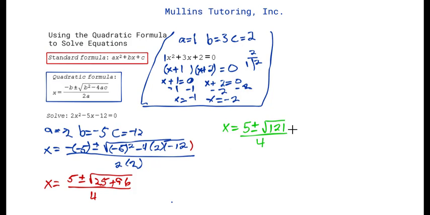And I'm just going to put an equal sign here of 5 plus or minus. So the square root of 121 is 11 over 4.